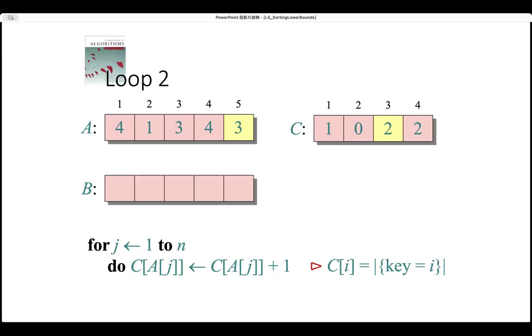The first reason is that, even though we treat these numbers as just a sequence, what they really represent could be an attribute of a large record. For example, these numbers could be your student ID.